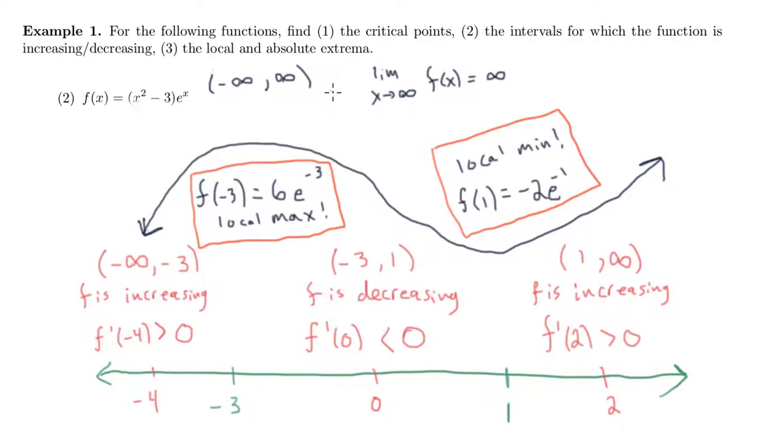Okay, so what about the limit as x goes to minus infinity? Now this is a little bit tricky. Now why is it tricky? So if we just try to plug in minus infinity, or take the limit, e to the x is going to 0 as x goes to minus infinity, but x squared minus 3 is going to infinity.